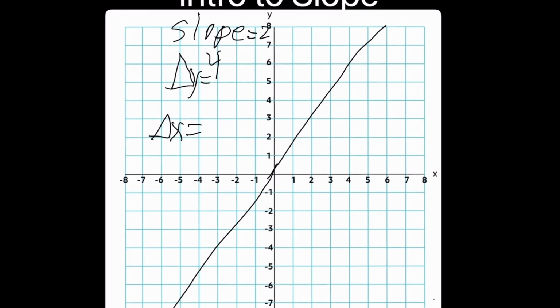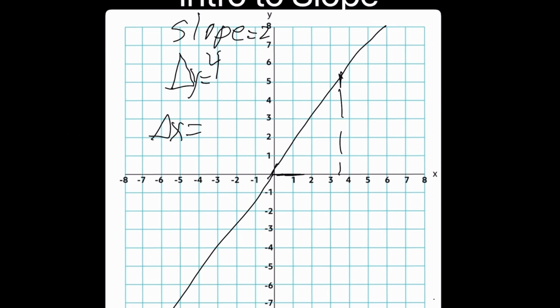If we have a change in y value of 4 between 2 points, and that means we go up by 4, so 1, 2, 3, 4, what is the corresponding change in x value? And again, don't use my graph to know this because it's kind of bad. Just rely on the math.